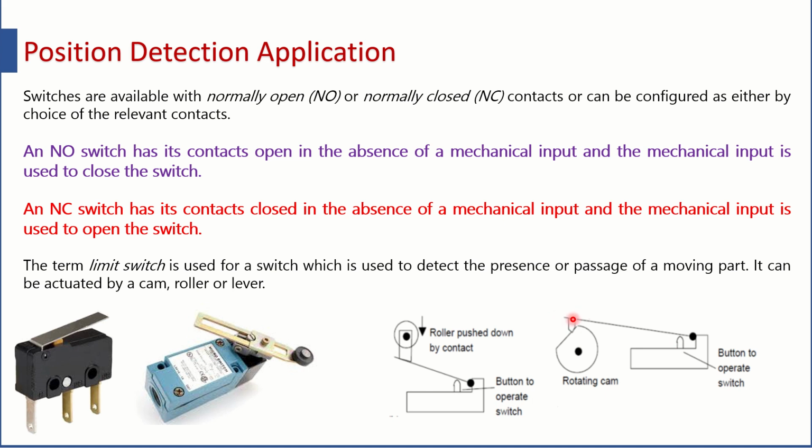Whenever you push the dog or take the dog to its normal condition, the button is either pushed or released. Here you can see the roller, the rotating cam, and the small button inside in a concealed manner. When the dog is pressed, the button is pushed, and the switch changes its NO or NC condition.